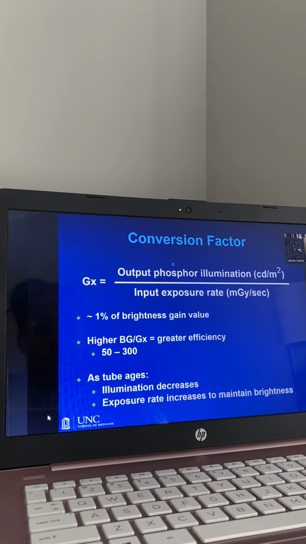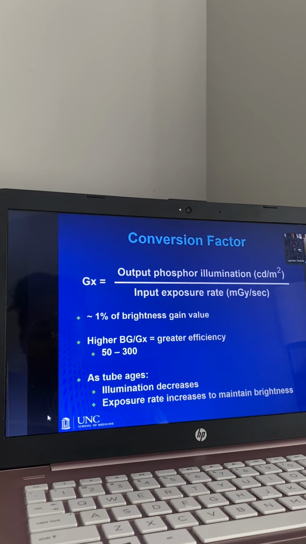So there are devices, photometers, that can be used to measure the light intensity that comes out of the output phosphor. And then they can take measurements of the input exposure. You know how we use the dosimeter to measure the tube output? They can do the same thing.